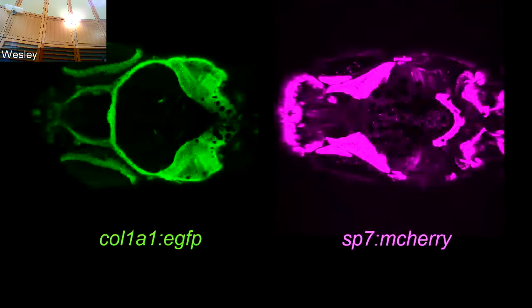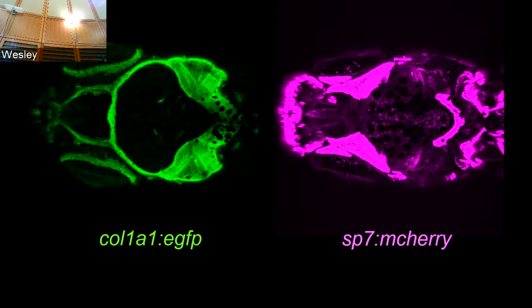In my laboratory, we're using confocal microscopy using transgenic lines that express fluorescent proteins in different cell types. And the two that have proved the most generally useful for us to generate anatomical data are pictured here, and they express green fluorescent protein in cartilage and mCherry in osteoblasts.